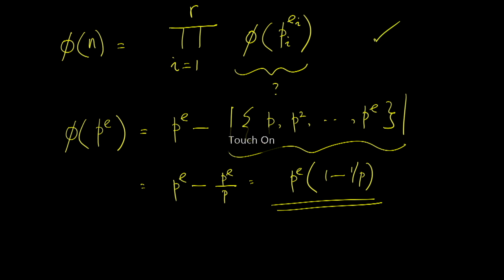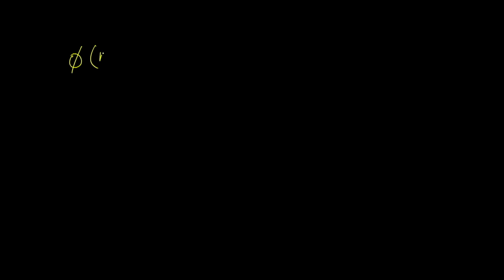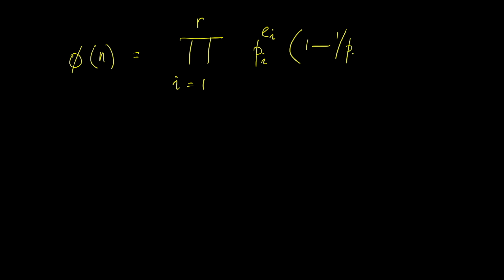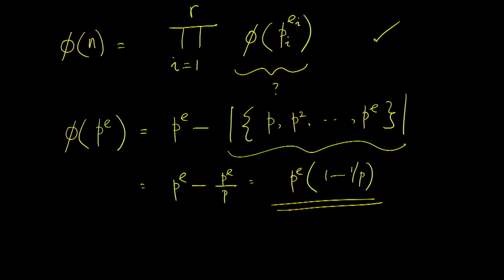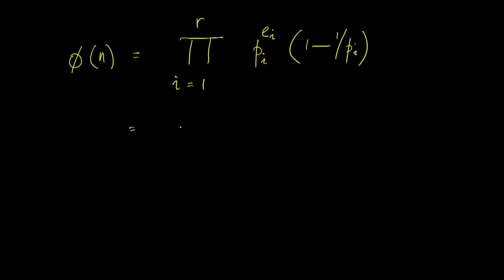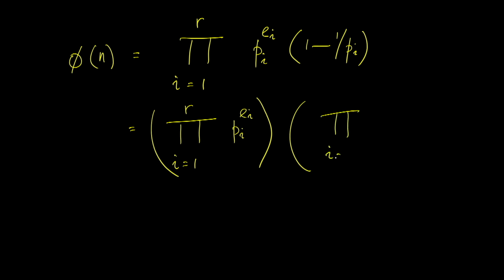Therefore, coming back to this equation, we can write phi of n as the product of i varying from 1 to r of pi power ei into 1 minus 1 by pi, using this formula. But this is the product over i from 1 to r of pi power ei, and again the product over i from 1 to r of 1 minus 1 by pi.